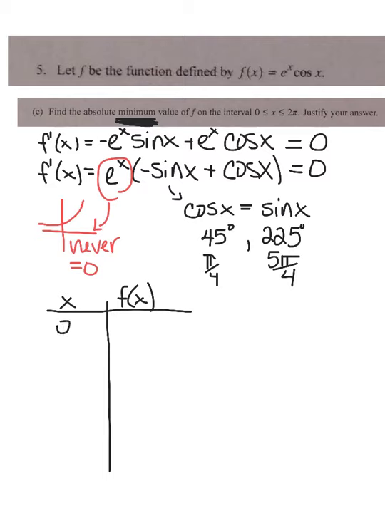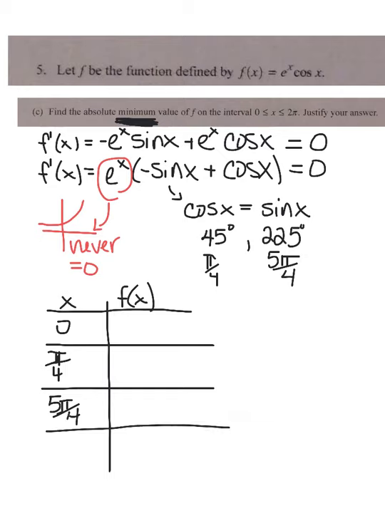So I have 0, pi over 4, 5 pi over 4, and the last one that I have is 2 pi, right? Okay, so we're going to put these back into the original function, and we're going to work that out.